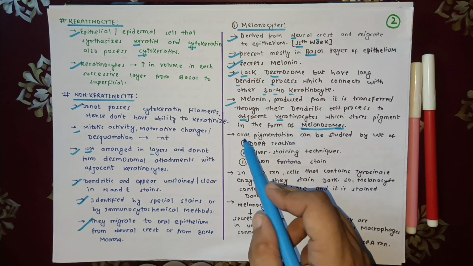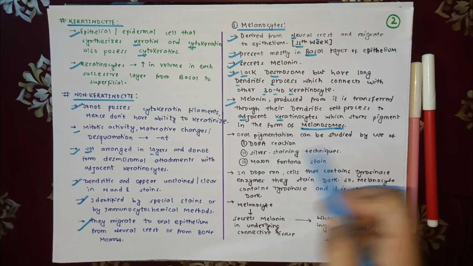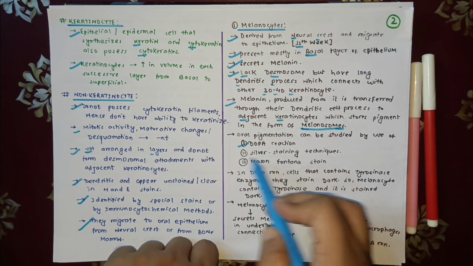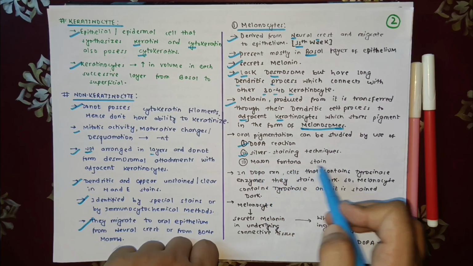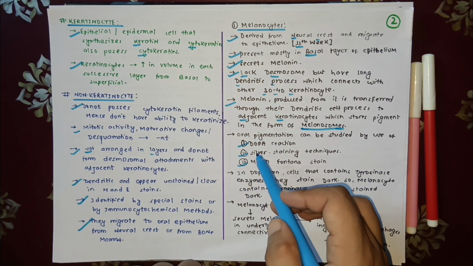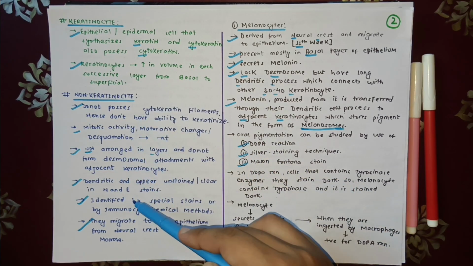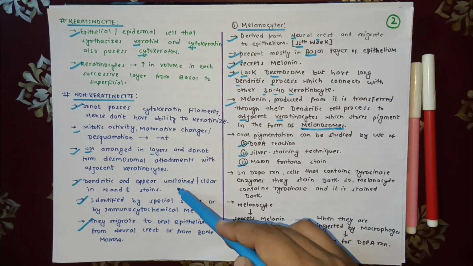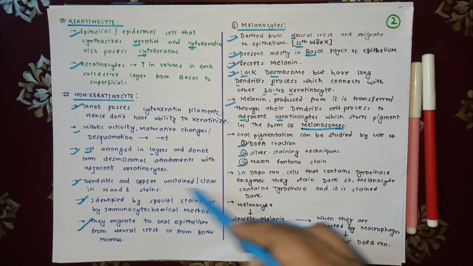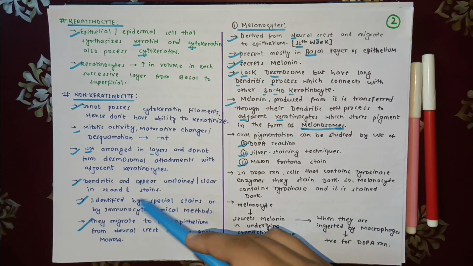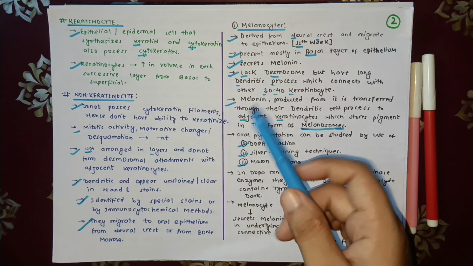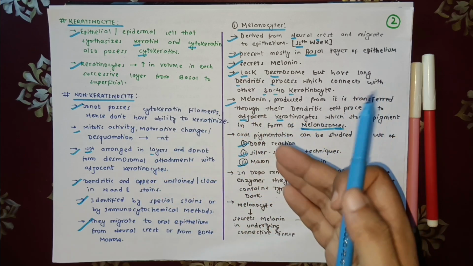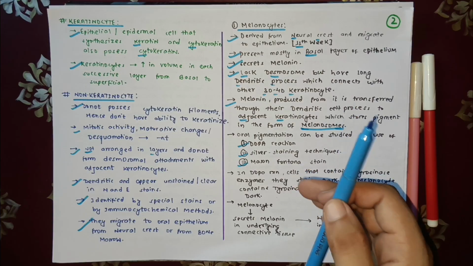After that, oral pigmentation can be studied by use of the dopa reaction, silver staining technique, and the Masson-Fontana stain. As I have written here about the non-keratinocyte, they are unstained or clear in H&E stain, which means we require a special stain for their identification.